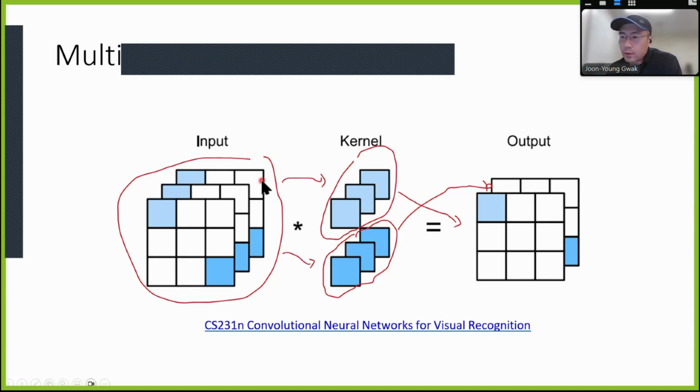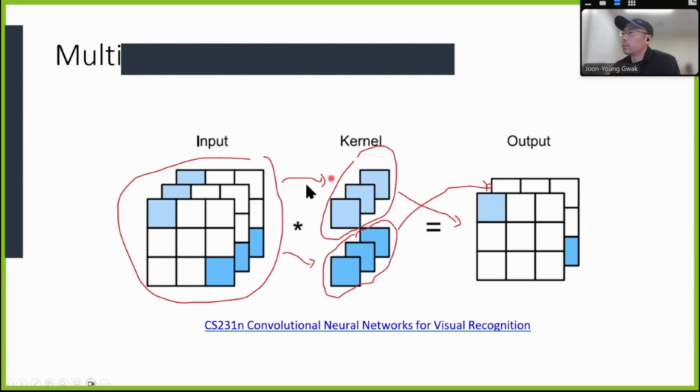We already went over that the input could be RGB, red, green, blue. If each channel corresponds to RGB, and each pixel is the grayscale value within each of the RGB channels, then we want to learn a particular feature which corresponds to each kernel.